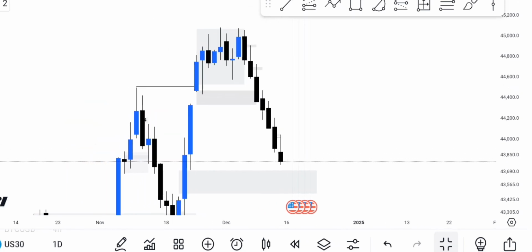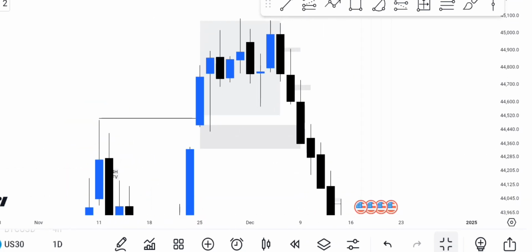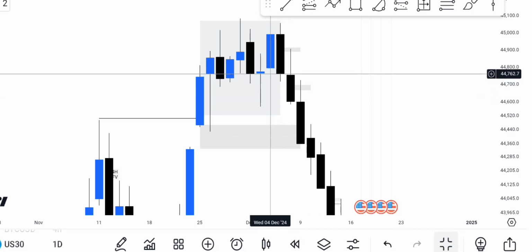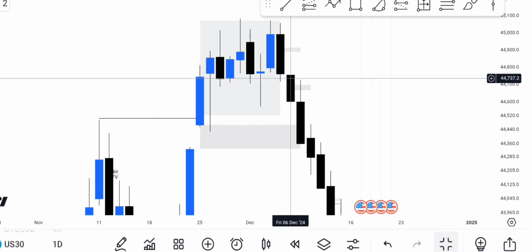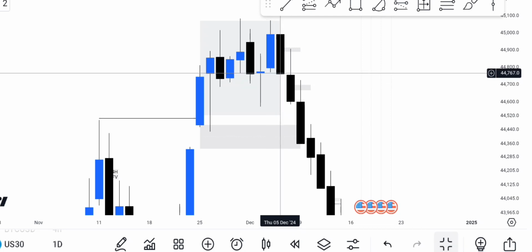Okay, and just remember one thing: if a candle closes below the previous candle's swing low, then we can expect the next day also to be bearish. Look, just see this candle close below the previous swing low.